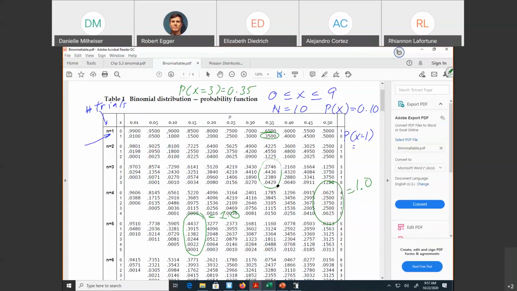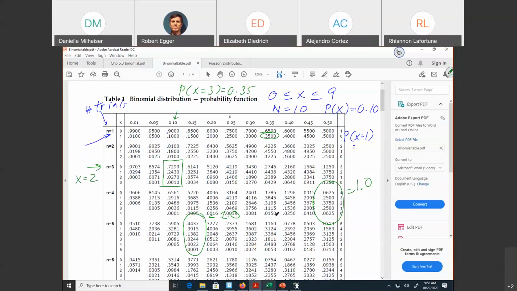Let's go back to the original 0.1. I want to roll. I'm going to run the random number generator 3 times. So what I can use this for is, what's the probability of having x equals 2?